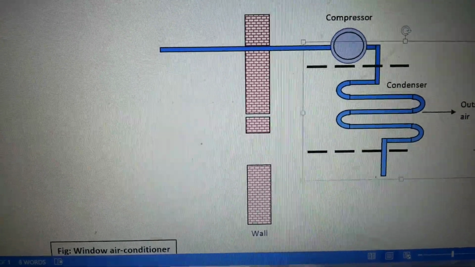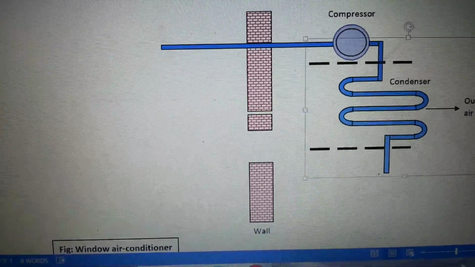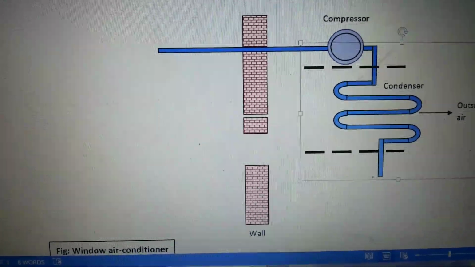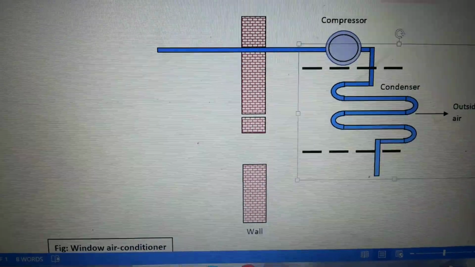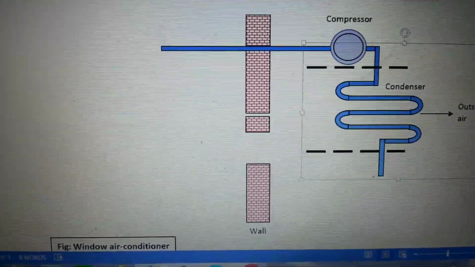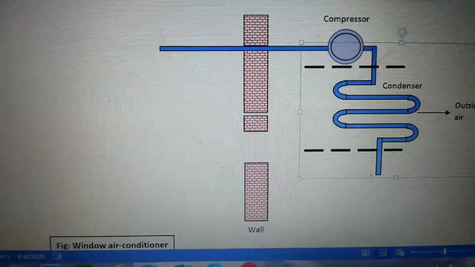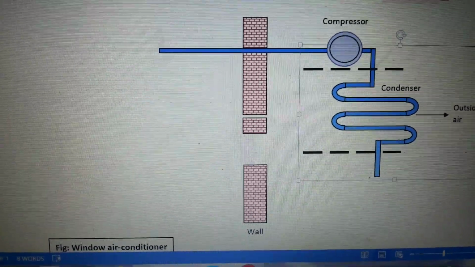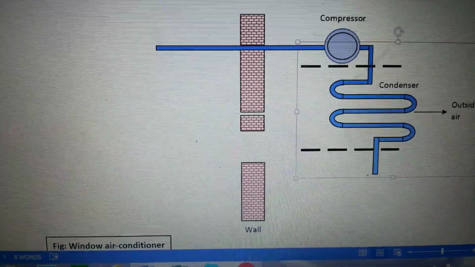The outside air acts as the cooling medium, and because of the cooling action, the high pressure, high temperature vapor gets converted into high pressure, lower temperature liquid.